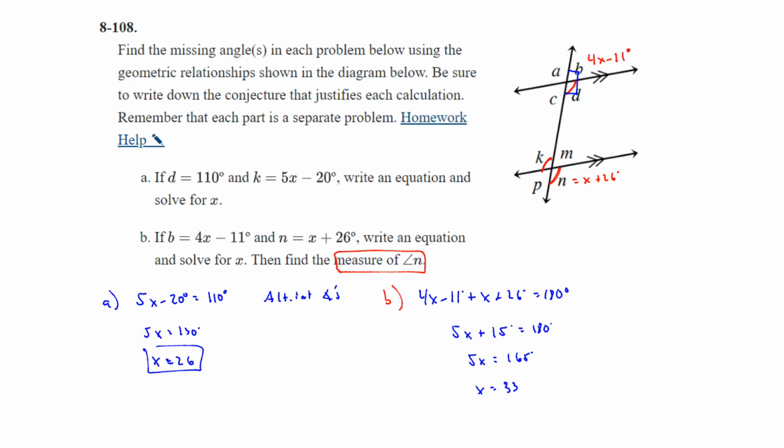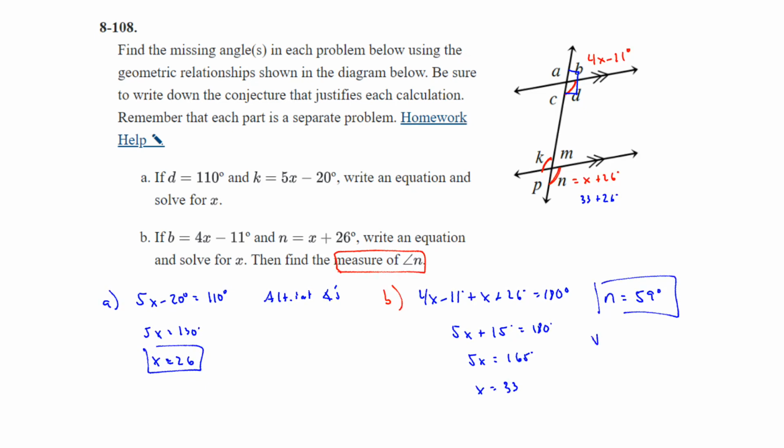Now, that's the value of x. To find the measure of angle n, we just plug it in. 33 plus 26 will give you 59 degrees. So now we also know that the measure of angle n is equal to 59 degrees. So, like I said, make sure you are answering both questions. And we did use a couple different things.